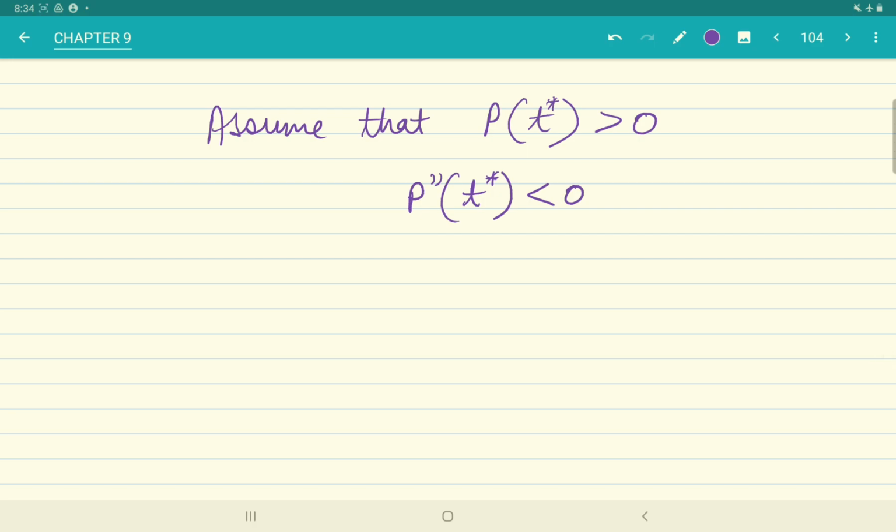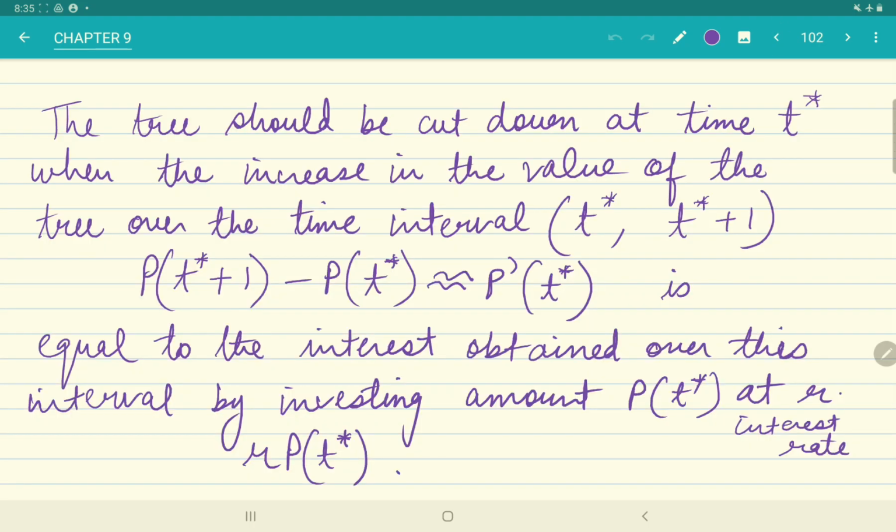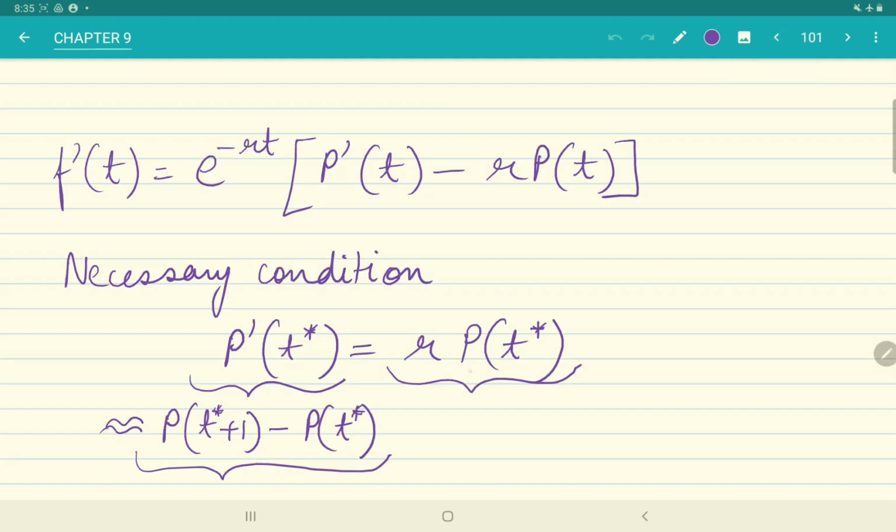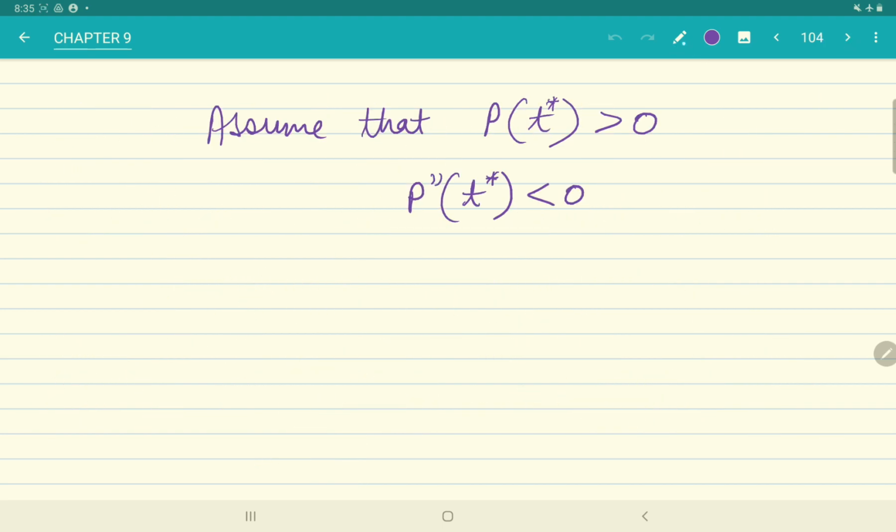Obviously, one more point: if I assume that P of T star is greater than 0, from this expression R is obviously positive. That means P prime T star is also greater than 0.